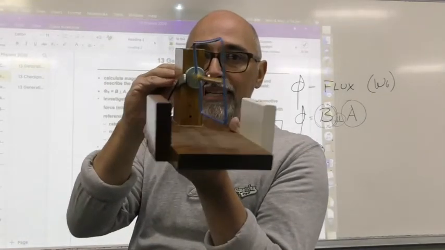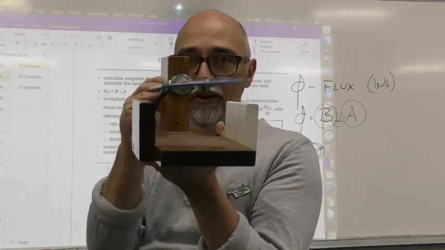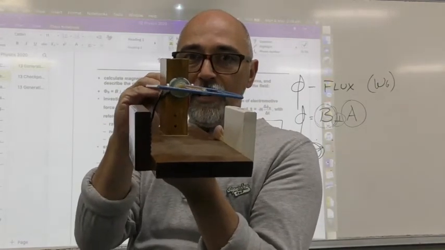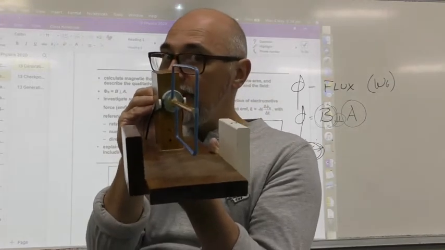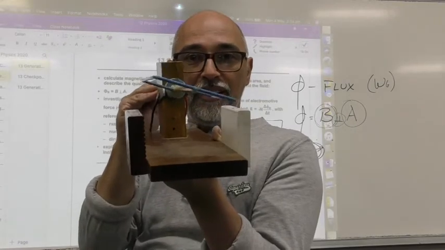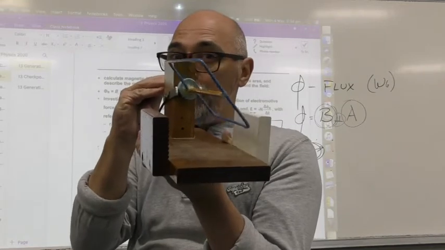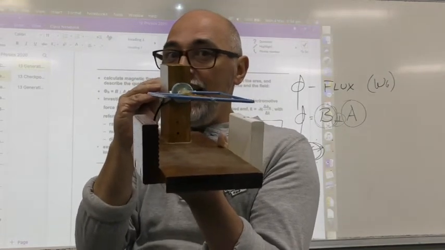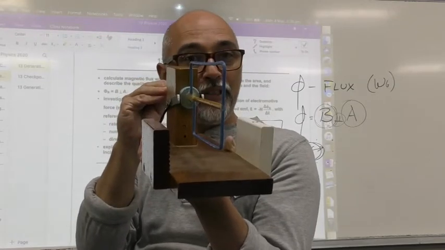As I move from here to here, it goes from full flux through the front of the loop to zero flux. Then it goes from zero flux to full flux through the back of the loop. And then, as I continue my turn, it goes from full flux through the back of the loop to zero flux, and then all the way back to full flux through the front of the loop.